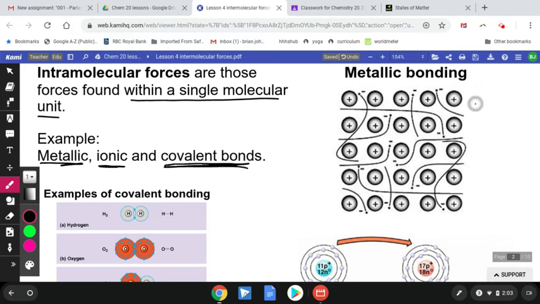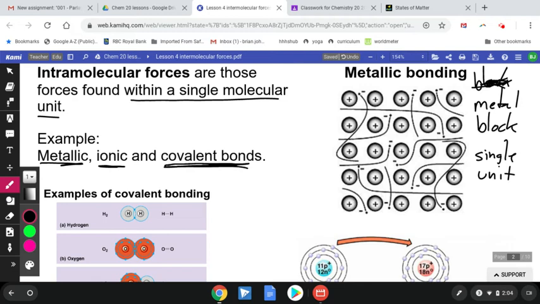So when we talk about a metal or a chunk of metal, let's say this is a block of metal. Ugh, that is just ugly. So in a block of metal, they do some strange things. The metal atoms actually share their electrons between them, and you treat this as one big single unit.